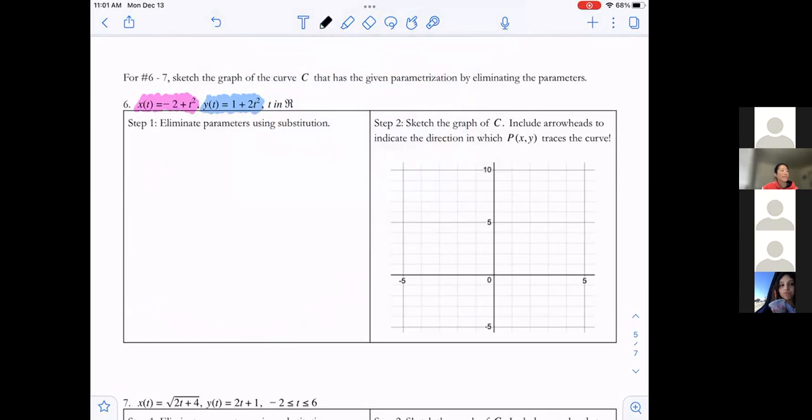Take a moment. Think about what we might want to do to get an equation that has no more t's, is only one equation, and is something familiar to us.